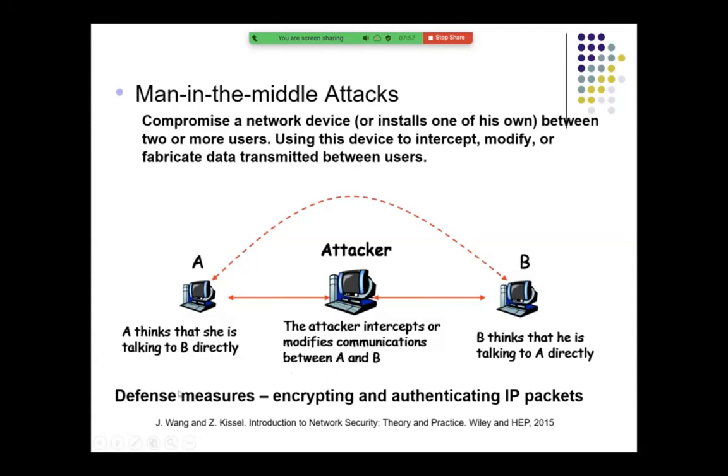Okay, so the defense measure for this type of man-in-the-middle attack is authenticating users. So Alice needs to authenticate herself to Bob, and likewise, Bob needs to also authenticate himself to Alice.